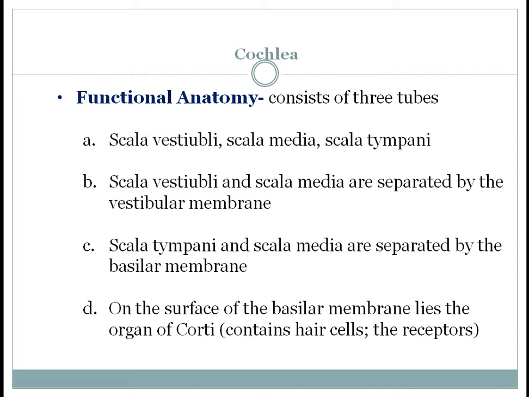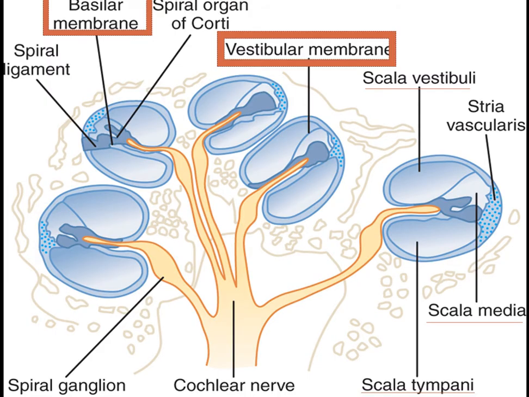Now comes the next part, that is the internal ear, and we are concerned mainly with the cochlear part. Semicircular canals have an important role in the balancing of the body. So for the hearing process, we will discuss the cochlea, which has three important structures. From the external view, you can see a snake-like structure.